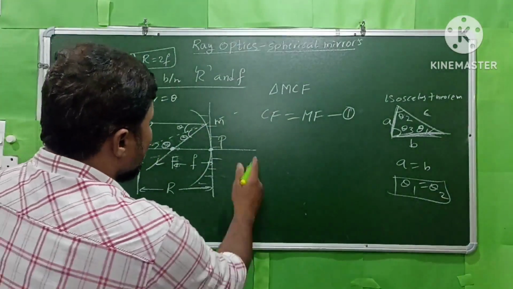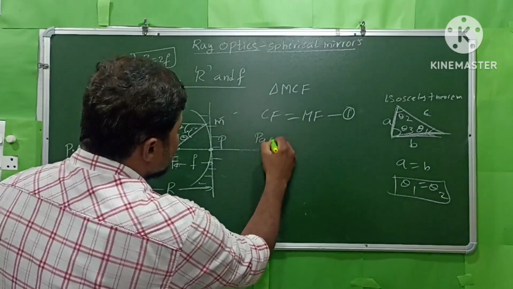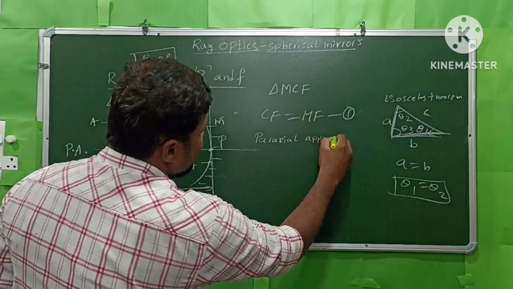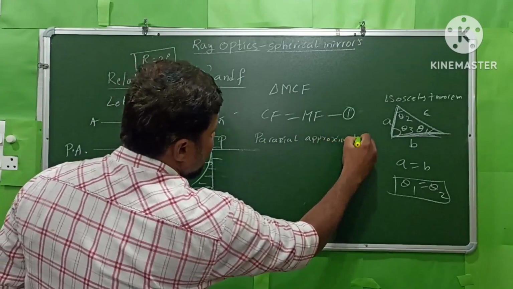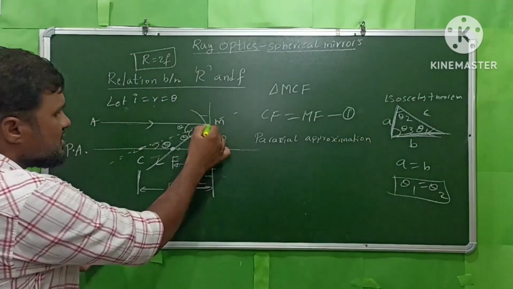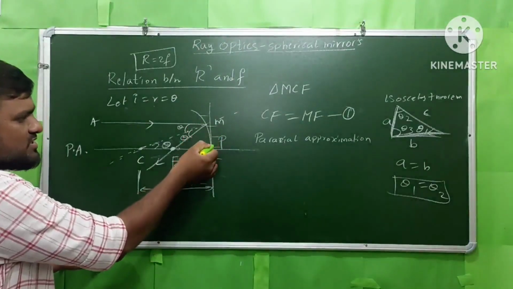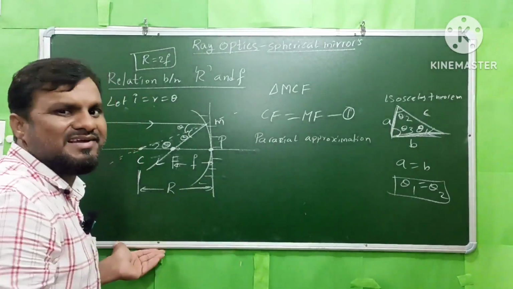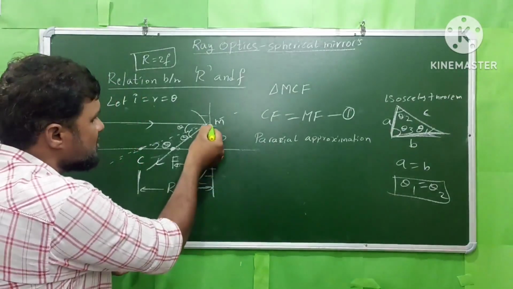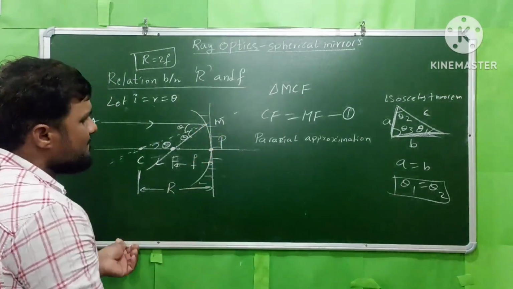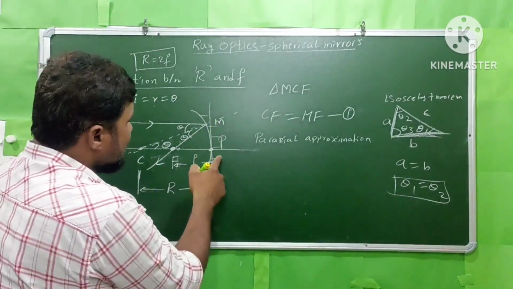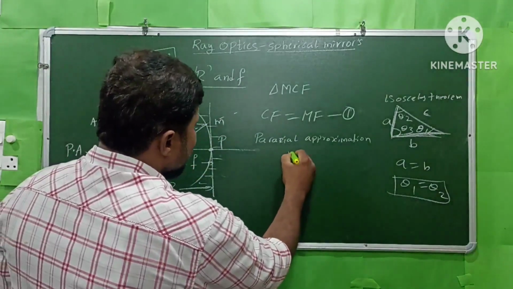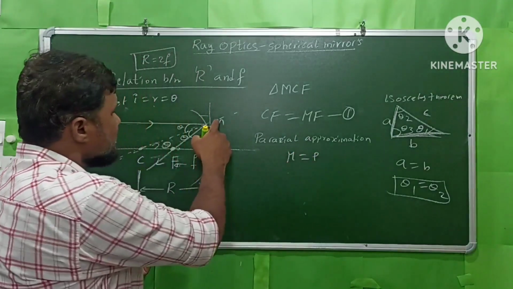And now, according to paraxial approximation, M coincides with P. Why? Because in the case of paraxial approximation, angles are negligible, so we can observe M coincides with P. So instead of P, we can put M also.